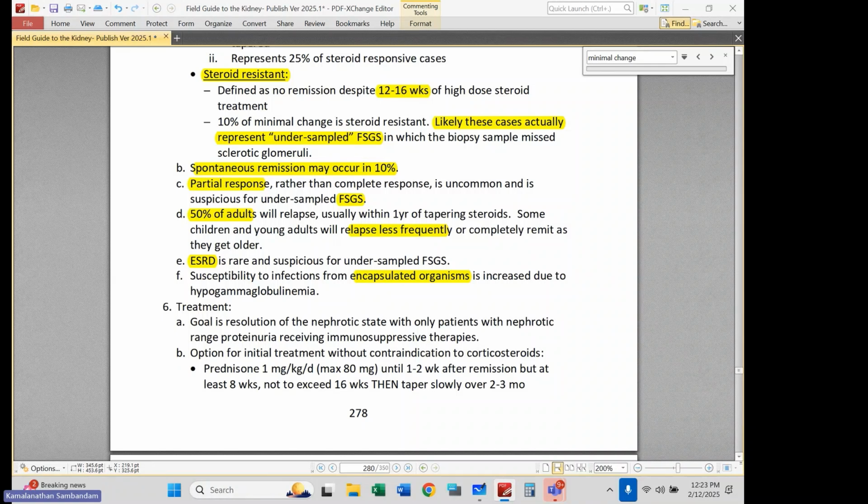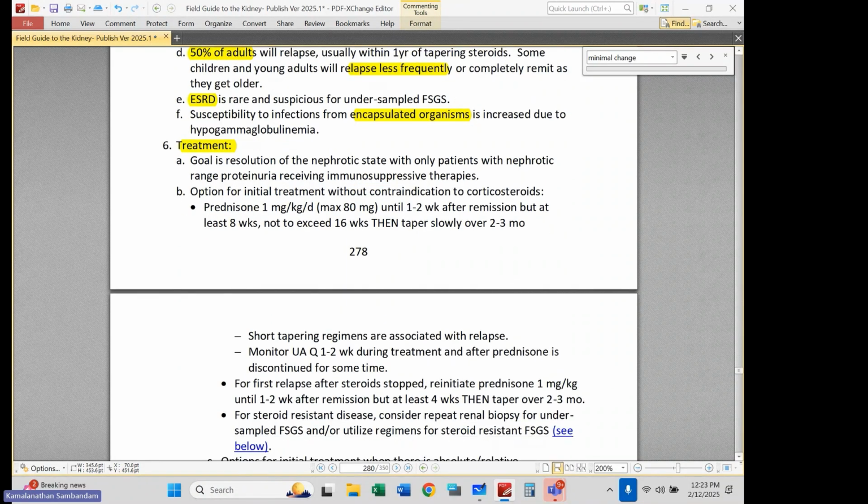So these were patients that were predisposed to infectious complications from the nephrotic state, from the third spacing and ascites. But generally speaking, patients do generally well because it's a fairly treatable condition.